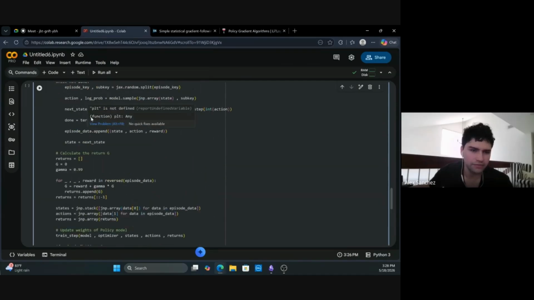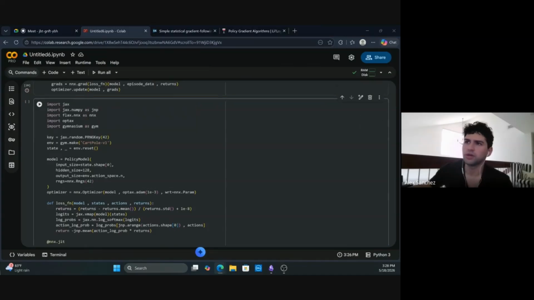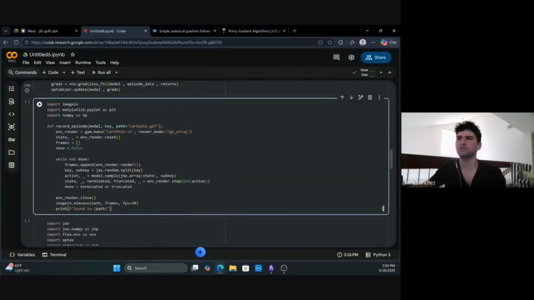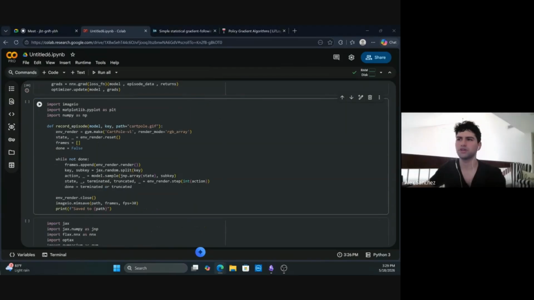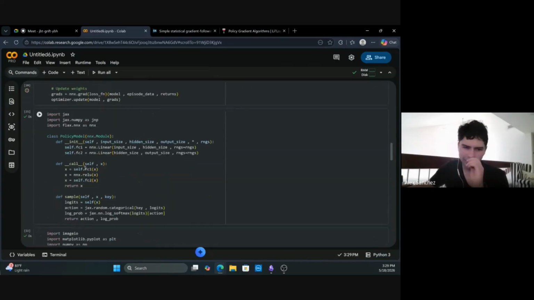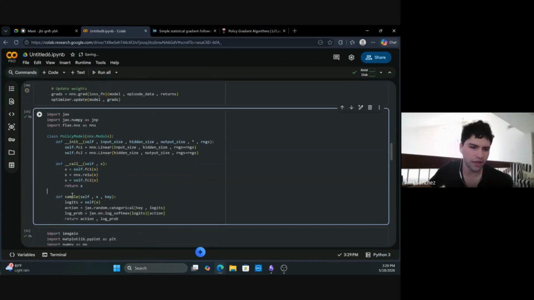I added some kind of visuals here, so I'll push those through. And I did a little bit of an update to the policy model. I'll get into that now. I basically separated the call from the actual sampling.